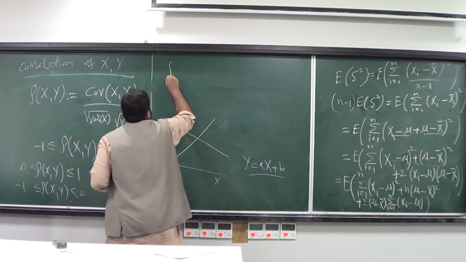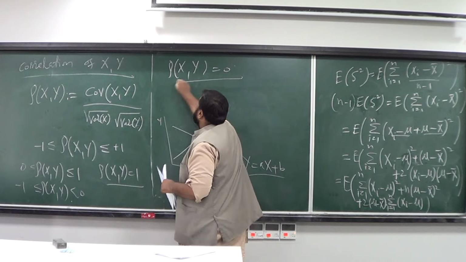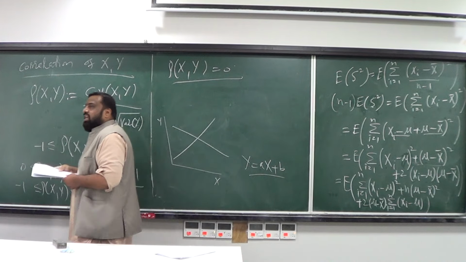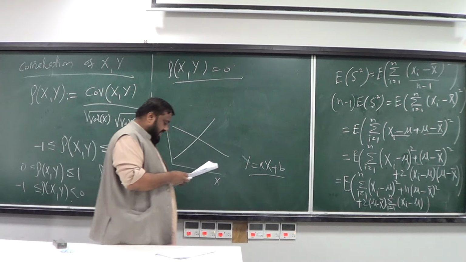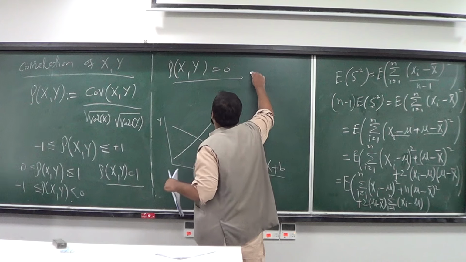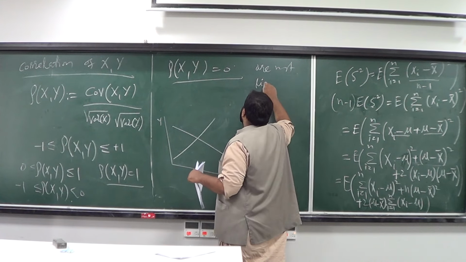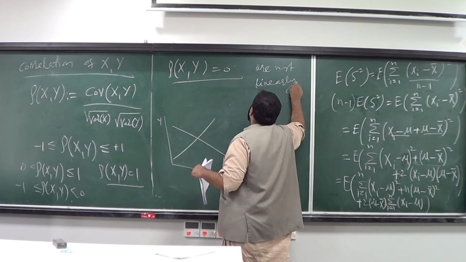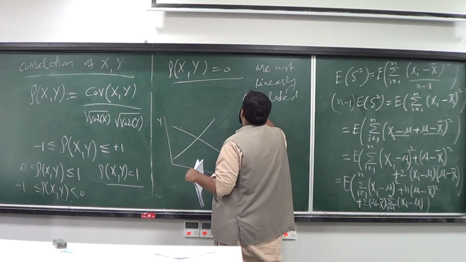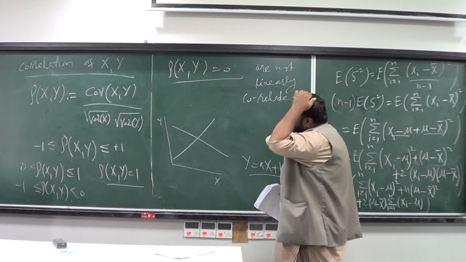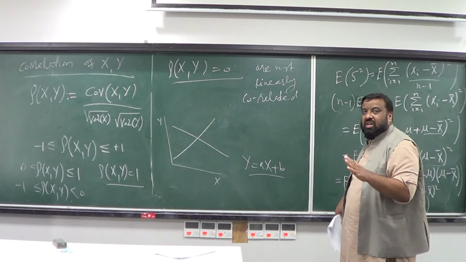Another thing this tells you is that if rho of xy is 0, then x and y are unrelated. In other words, x and y are not linearly correlated, so they are not putting any impact on each other in a linear manner.